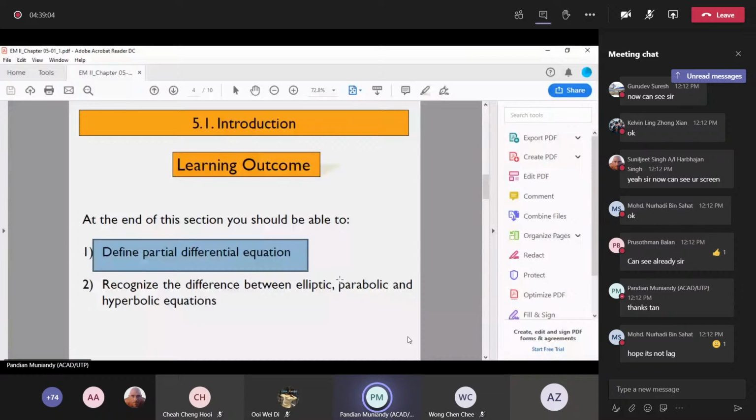But what you studied in chapters 1, 2, 3 is about analytical methods to solve ordinary differential equations. And in chapter 4, you used numerical methods to solve ODE. So for ODE, you already knew both analytical and numerical methods.